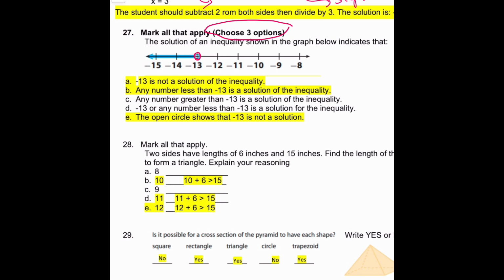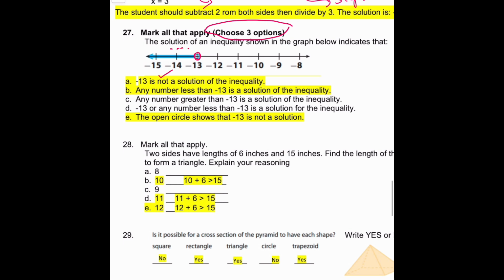So should the value negative 13 be taken or not taken? It should not be taken. So it is not a solution of the inequality. Any number less than negative 13 is a solution to the inequality.